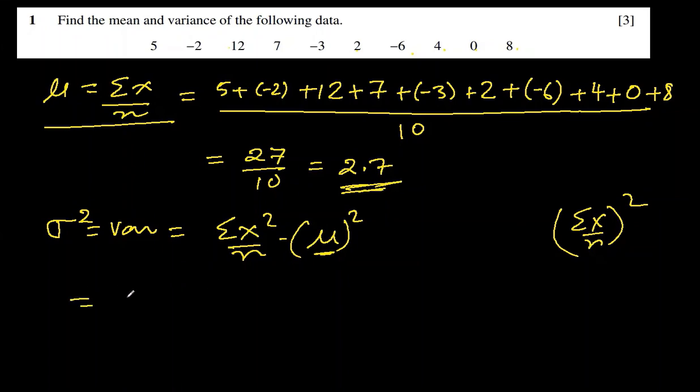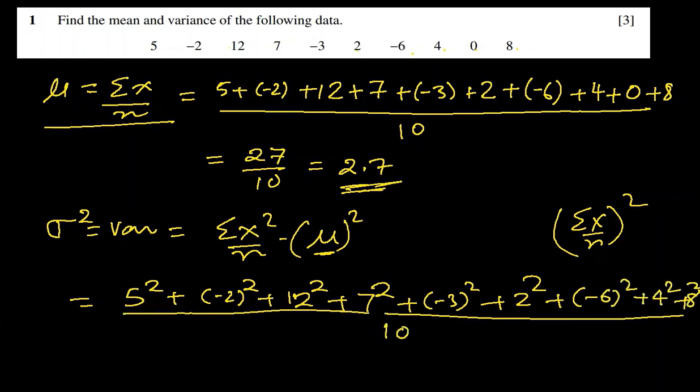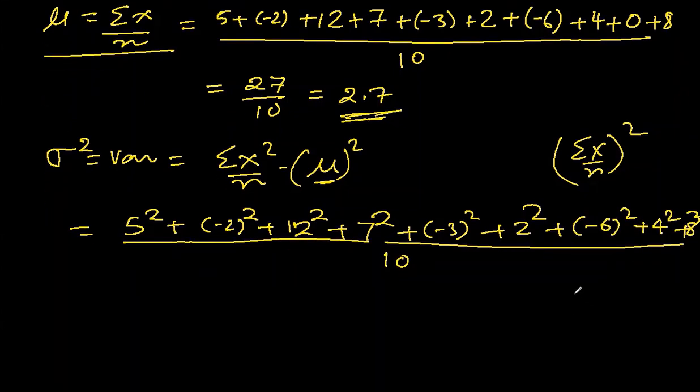So here we'll again add the squares of all the data, minus 2.7 square, that's the mean square. If I use my calculator to do this, we get 27.8.